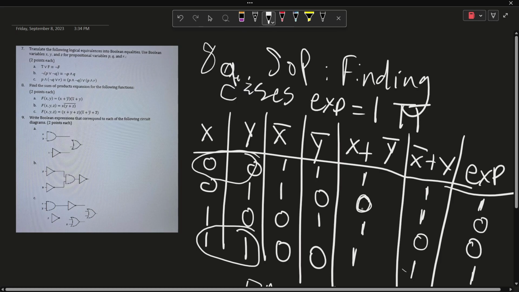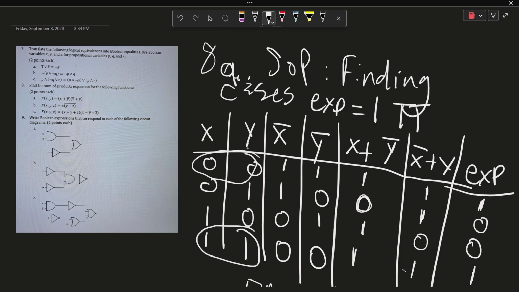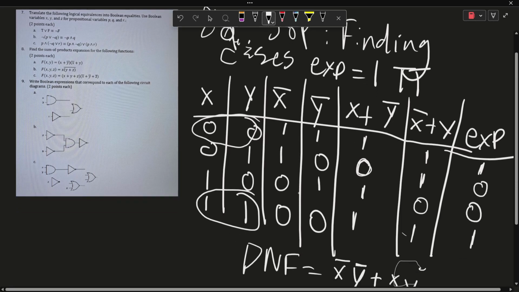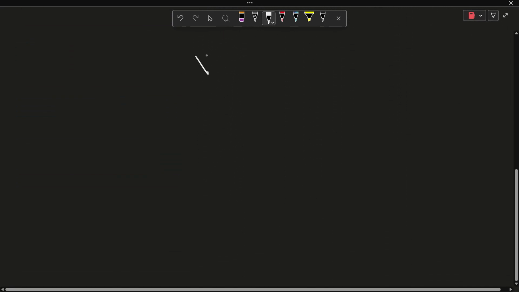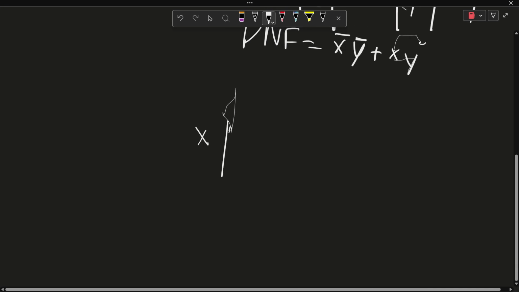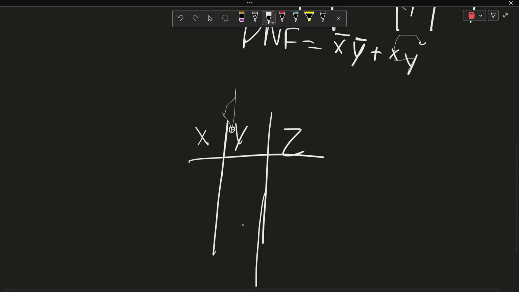So with that, you should just be able to do B and C, I hope. Because it's really just the same thing. For C, you'd just have X, Y, Z, and instead of 4 rows, you'd have 16?